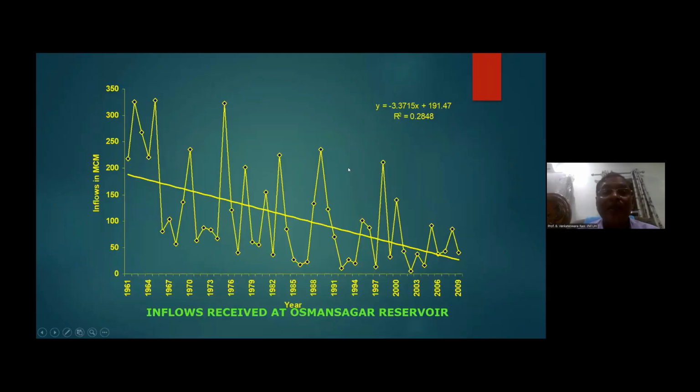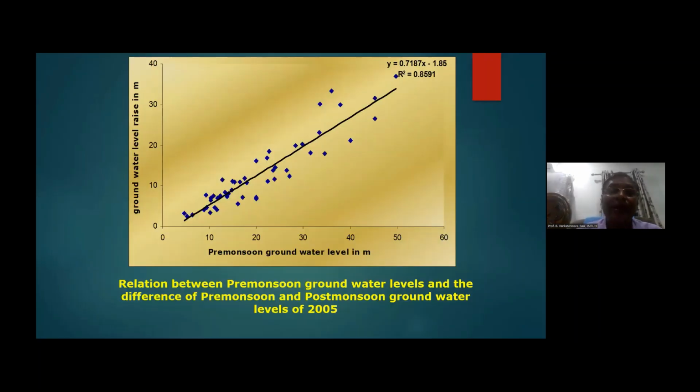So we searched for the reasons. And we also found a very interesting graph of groundwater level rise against pre-monsoon groundwater level. The deeper the pre-monsoon groundwater, the more rise is observed when the monsoon comes. That means if you are using more and more groundwater in the catchment, more and more water is getting recharged.